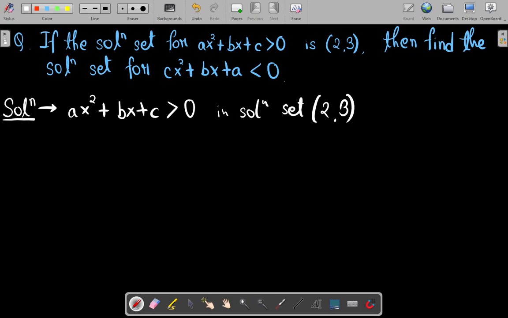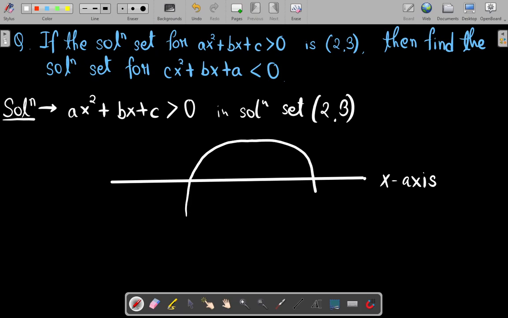Okay. Now, if this is the case, then the graph should be something like, if this is say the x-axis, so for this expression to be positive in this open interval 2 to 3, the graph should be something like this, where this is where this quadratic expression is positive, right, within the interval 2 to 3.